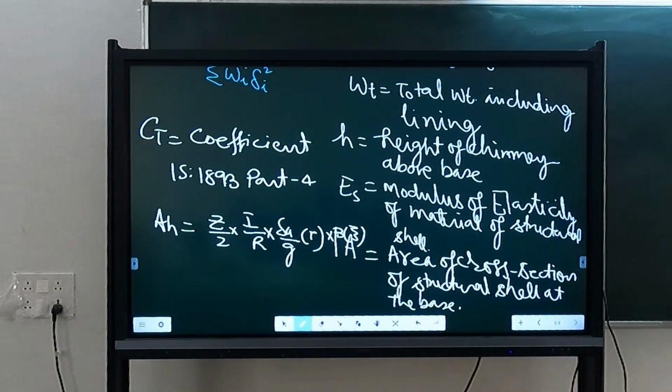You can compare it with the formula of Euro code which I have given in DDBD: 0.1 over 0.05 plus xi, whole to the power 0.5.